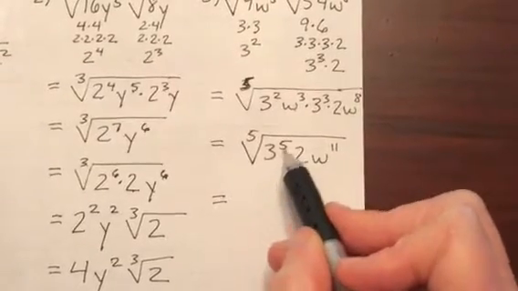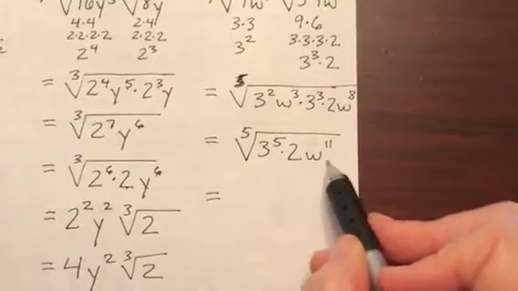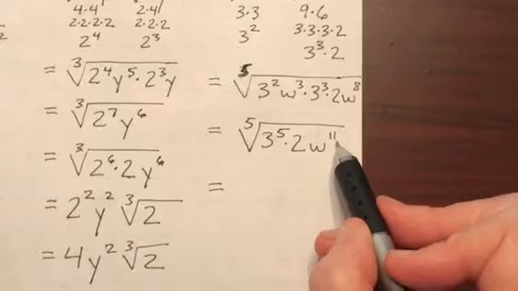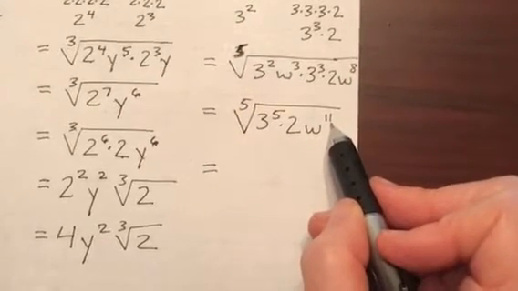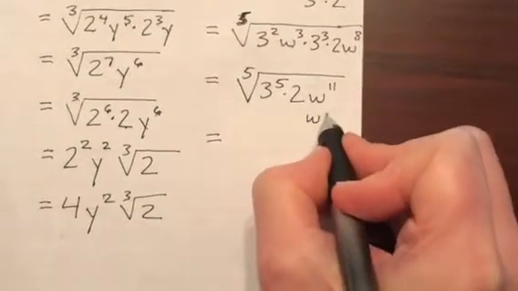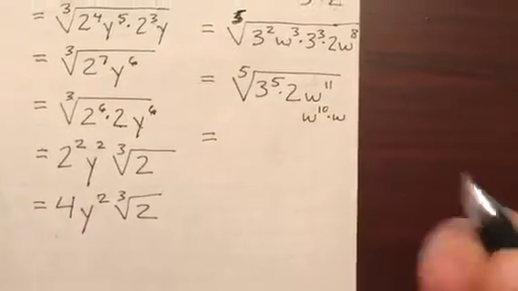So that first one is okay. It's not going to be able to divide into 2 to the first, so we'll leave that alone. But the w to the 11th, we can break this down. The highest number less than or equal to 11 that 5 goes into is 10. So let's do w to the 10th times w for that one.